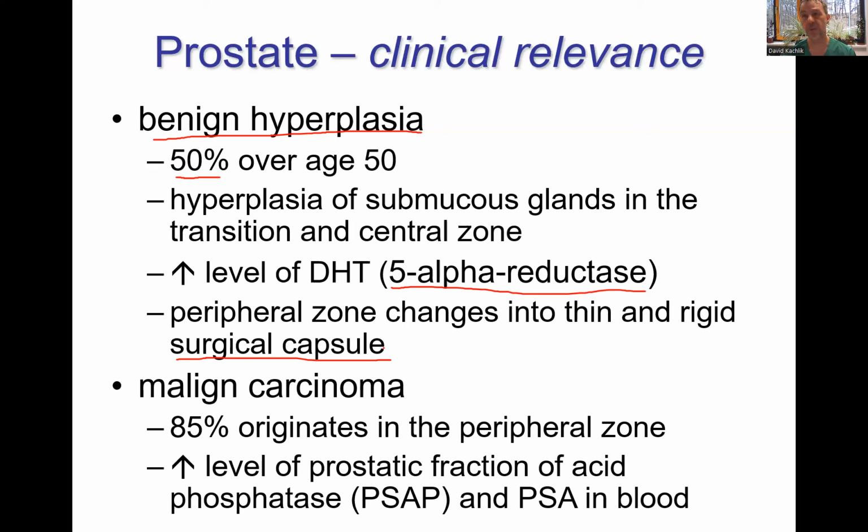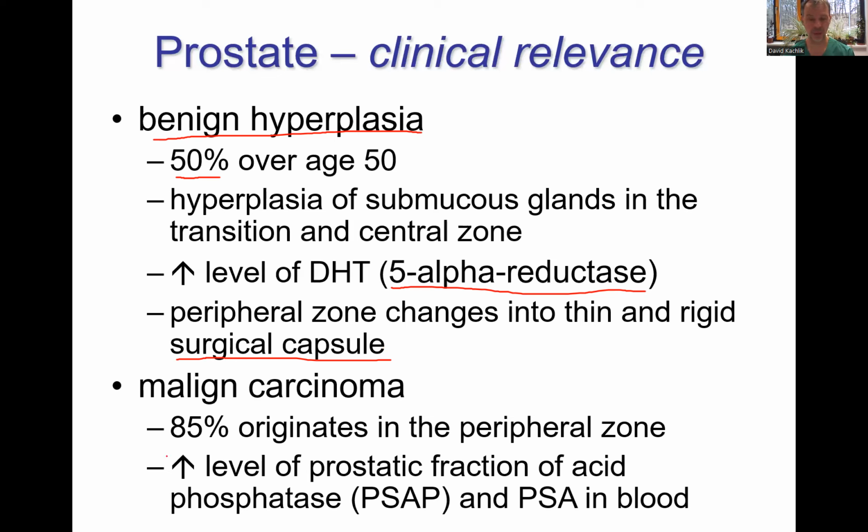So you really drill the lumen and you extend the urethra, or you can open the urinary bladder ventrally. You go extraperitoneally through the retropubic space. You open the urinary bladder, and then you can remove from inside the urethra, but you leave the capsule in position. So you just remove the parenchyma, not the capsule.